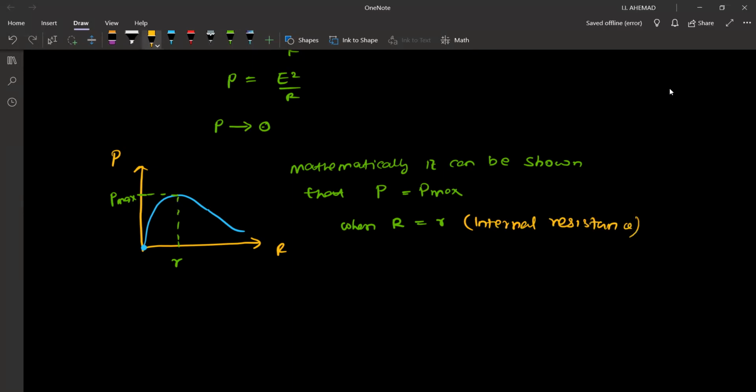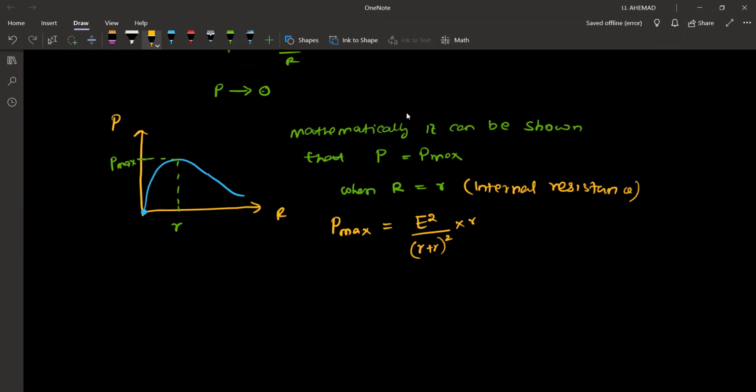For now, let's try to understand this. So P max is equal to E squared over (r plus r) squared, into r. So P max is equal to E squared over 4r.